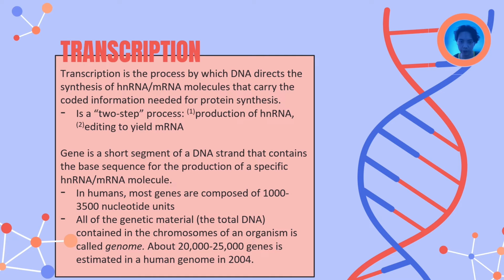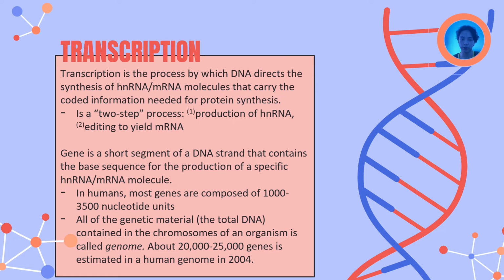Within a strand of DNA molecule are instructions for the synthesis of numerous hnRNA and mRNA molecules. During transcription, a DNA molecule unwinds under enzyme influence at a particular location where the appropriate base sequence is found for the hnRNA or mRNA of concern, and the exposed base sequence is transcribed.